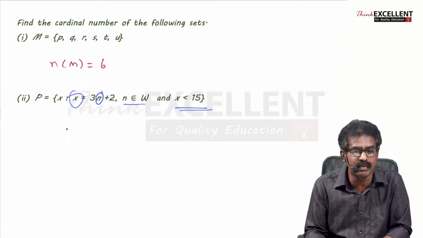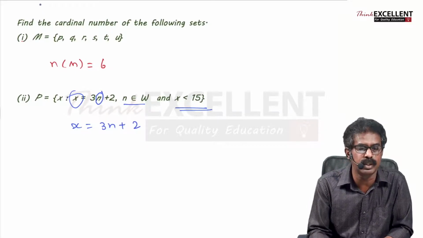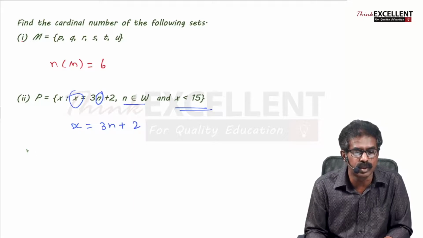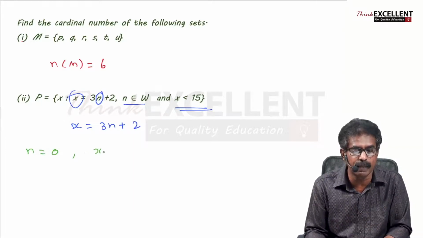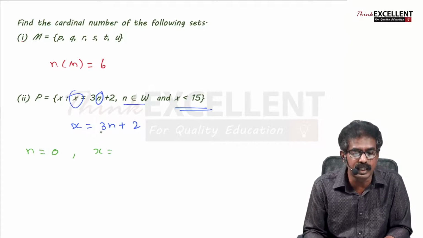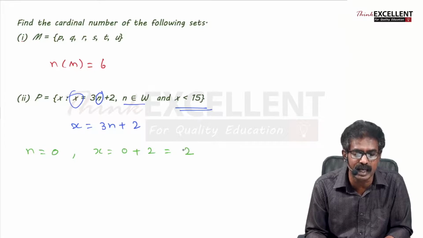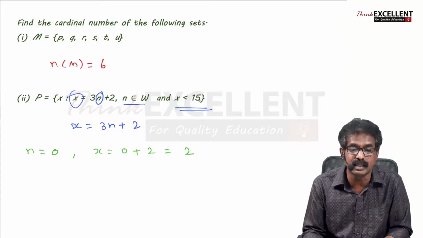The smallest n value, so x equals 3n plus 2. Here only we are going to substitute that n value. So the first n value is 0, whole number starting with 0. What is x then? For n you put 0, 3 into 0, 0 plus 2, it is 2. You can take that because it is less than 15. x must be less than 15, yes.